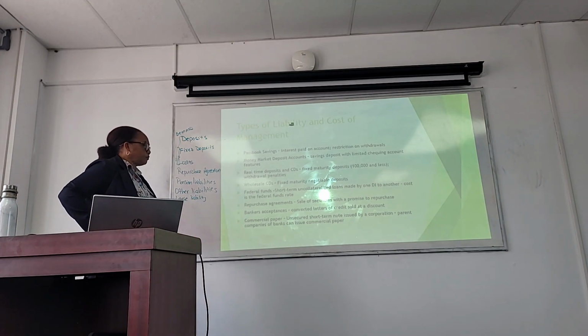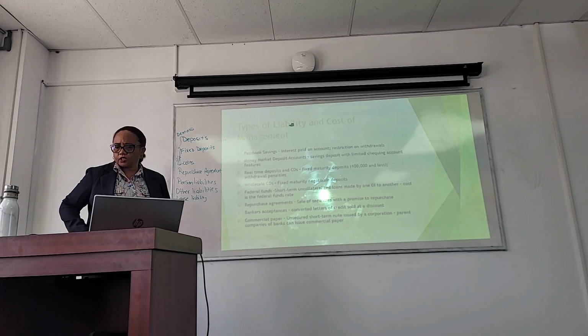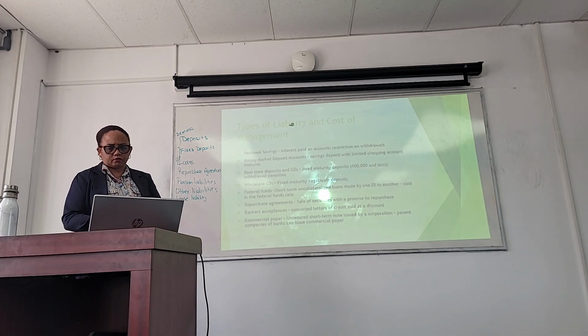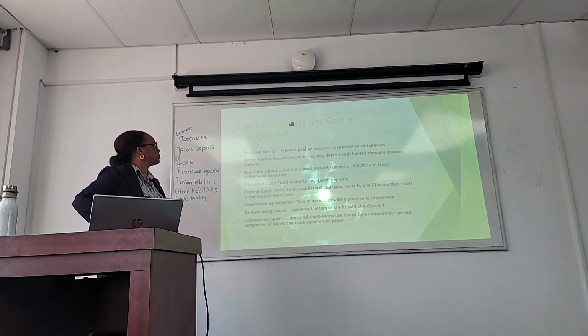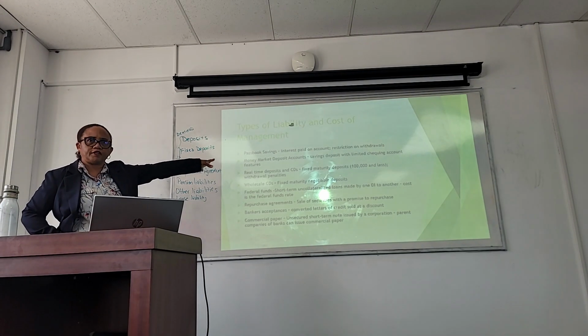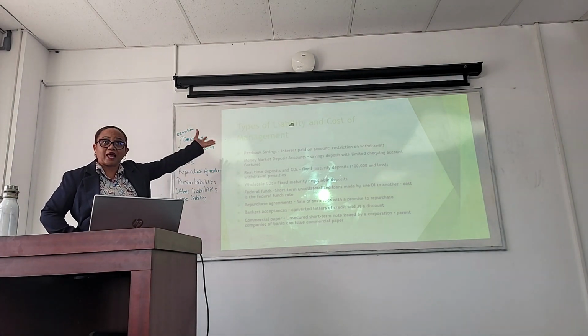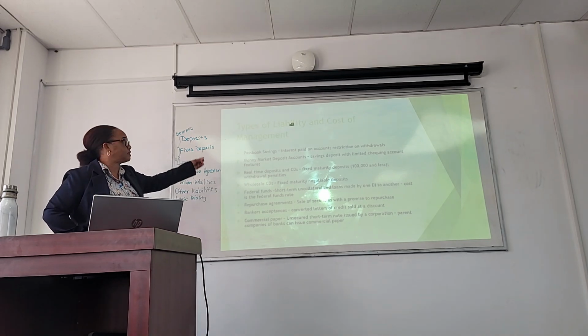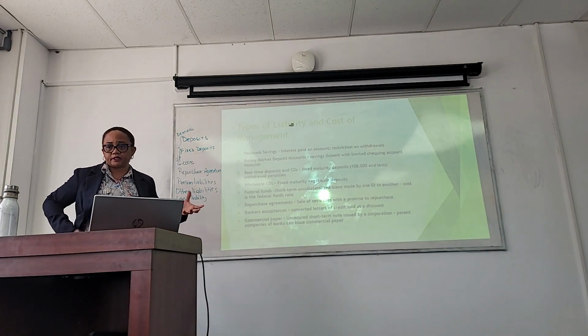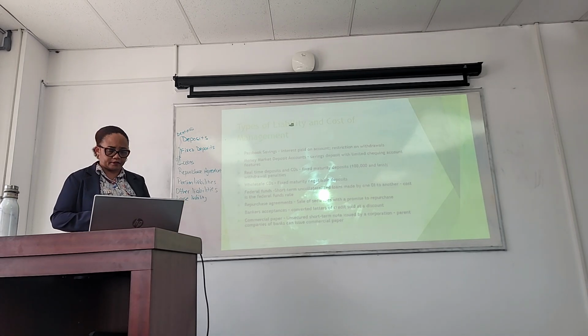So the financial institution or deposit institution has all of these range of deposits which are liabilities, and it has to decide how to manage the cost of those liabilities. All right?